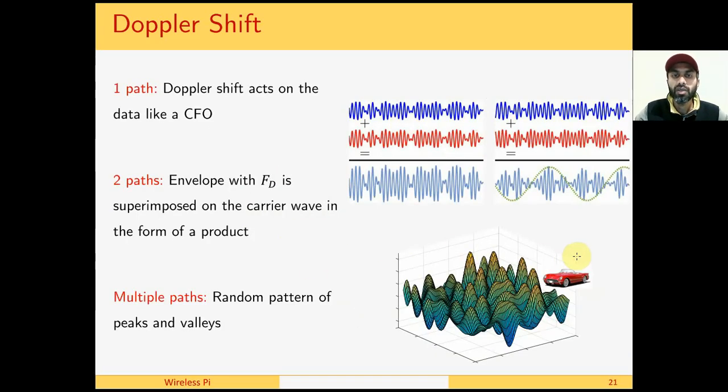However, when there are multiple paths, each with its own Doppler shift depending on the direction of arrival, then a random pattern of peaks and valleys is created. The car entering into this random pattern exhibits different levels of fades that depend on the movement of the car, of the receiver, and of the surrounding objects. The system has to be very carefully designed to recover from the fades that occur with the motion.